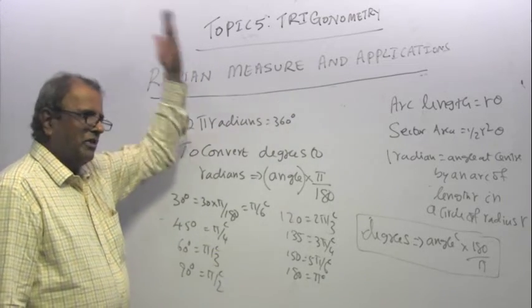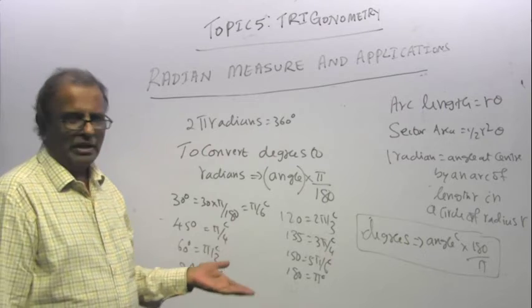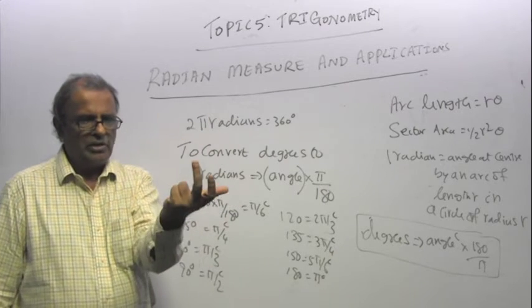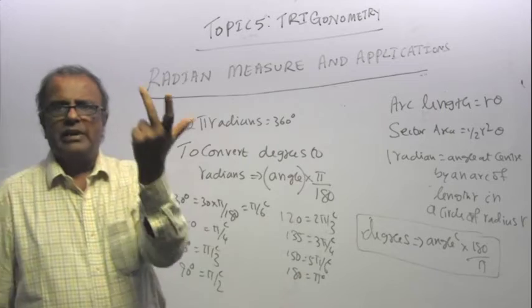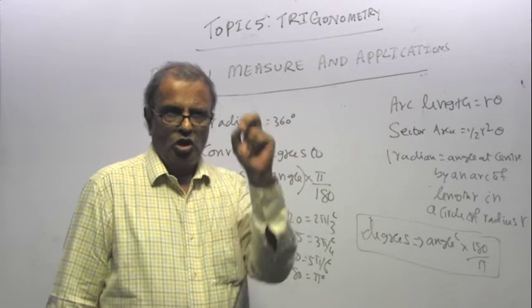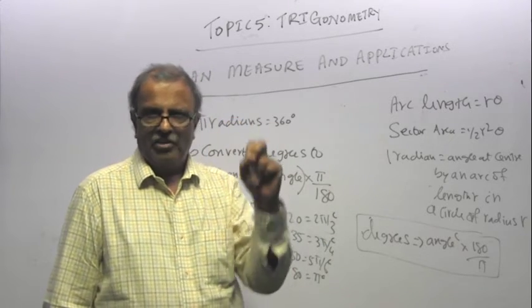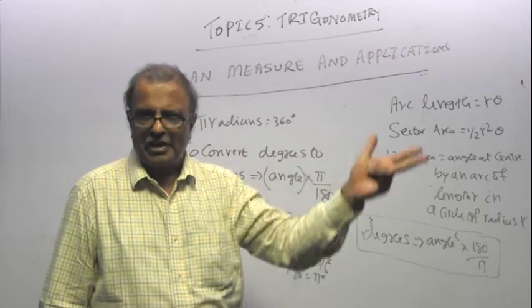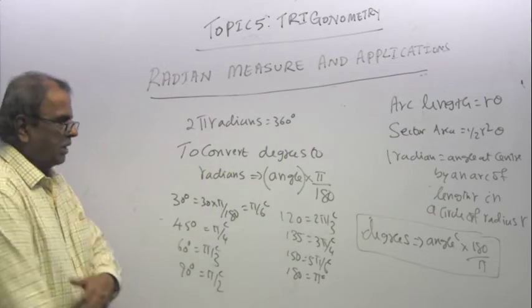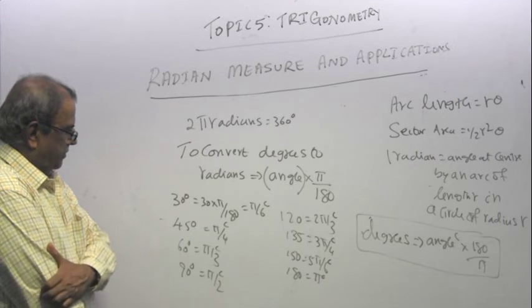Or maybe later on when we do vectors, you might use it. But generally, the moment you're differentiating, the moment you're integrating, we talk only of radians, not of degrees. That's a common error students make. Do not use degrees when you're differentiating or integrating. Why? We will know later when I do differentiation.